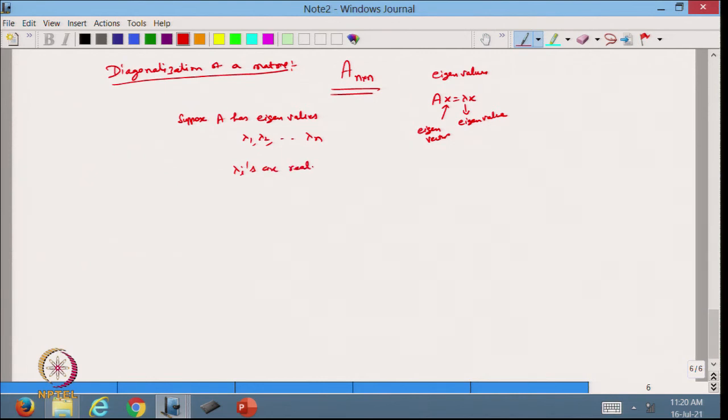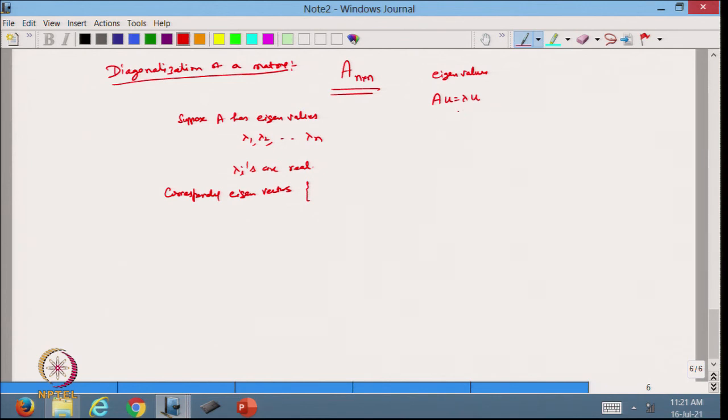We are not talking about the complex case, and then we take the corresponding eigenvectors. Instead of x I can represent the eigenvector by u, so A u is equal to lambda u, because we are writing the vectors in terms of this.